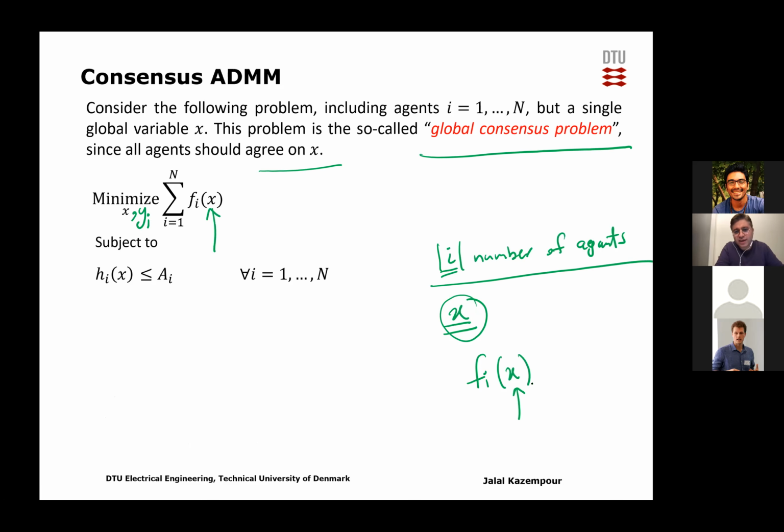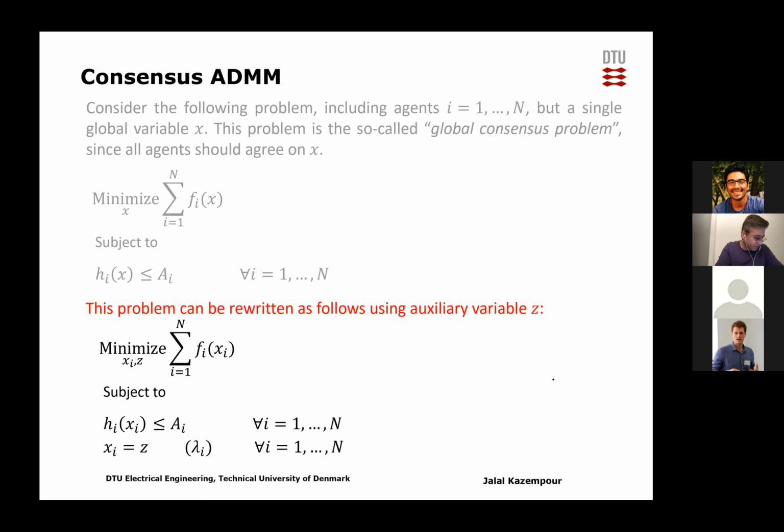So let's see how we can solve it through ADMM, not directly, but by decomposition techniques. First, we need to have a complicating constraint. So what we do is relax x to be xi dependent.